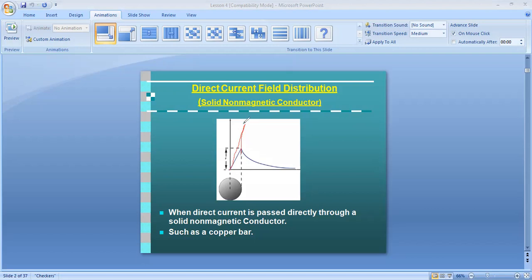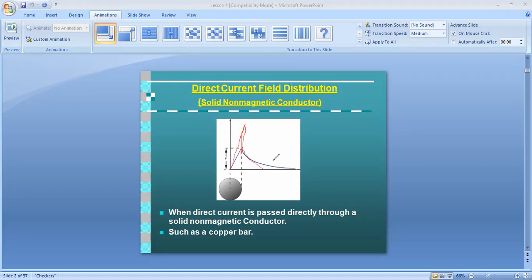Now see, the magnetic field is high here. Why? Because if I use a magnetic conductor instead of a non-magnetic one, the magnetic field will be high within it. But one thing is common: the field is high within the conductor, but outside the conductor the field is again the same. Why is the field the same outside the conductor? Because outside the conductor the medium is air.